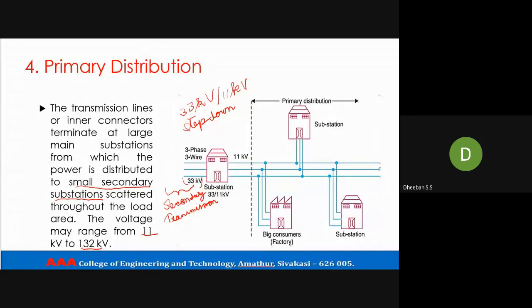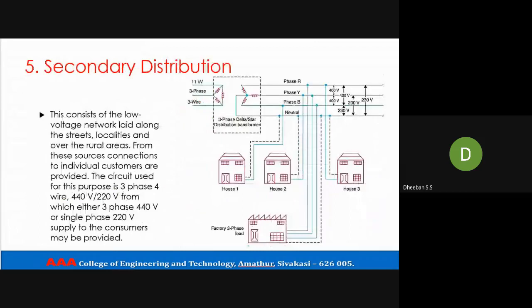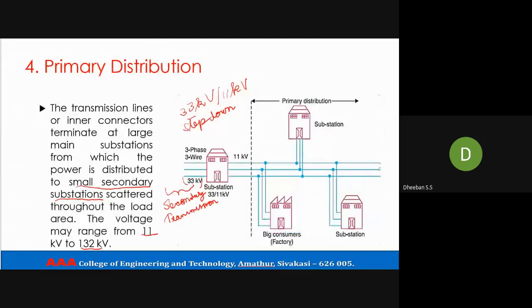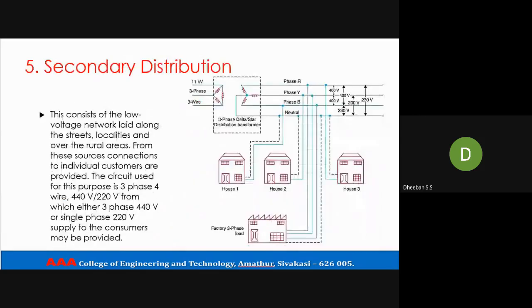Moving on to the secondary distribution. Up to the primary distribution part, we deal with a three-phase, three-wire system. After this, if you need single phase, we can tap the power from the three-phase system, and this is done on the secondary distribution side.